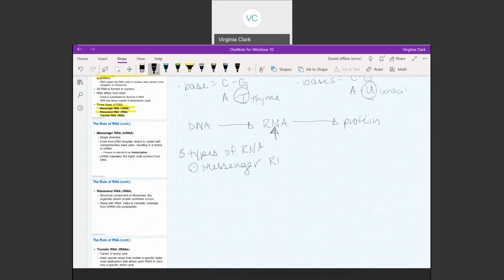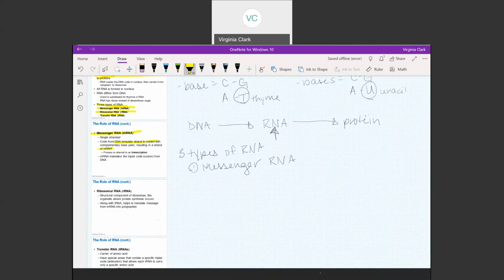With messenger RNA, it is single-stranded, so it's the same shape as RNA. Messenger RNA is really important because it will be mostly involved with the DNA template to the mRNA.